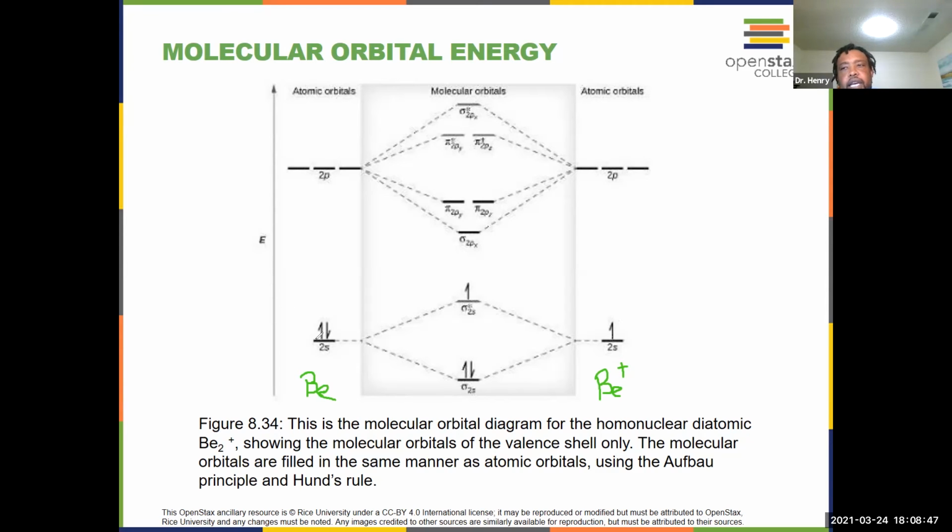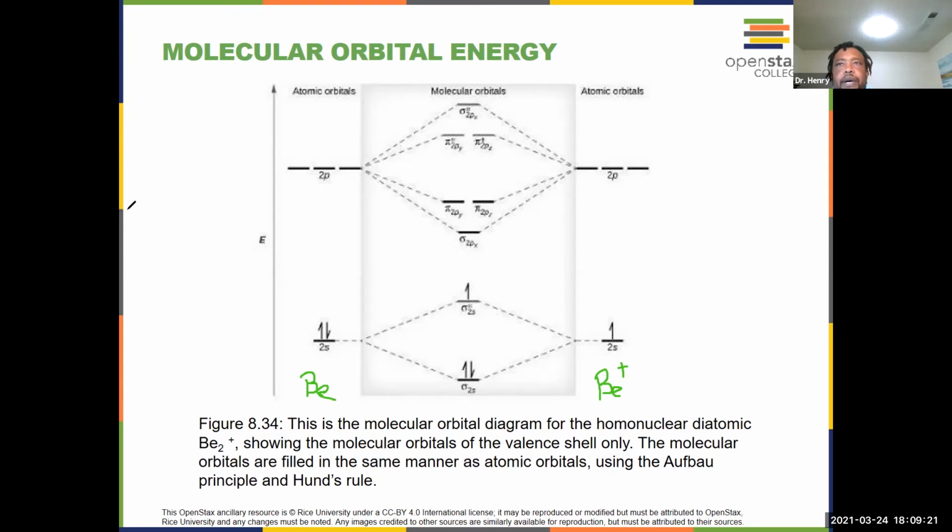If we put these guys in, you take 1 from this guy, you put it in, you take 1 from that guy, you put it in. So that would be in your sigma 2s bonding. And then we'd have 1 left over. We'd put that one in our sigma antibond. So the sigma 2s antibond.